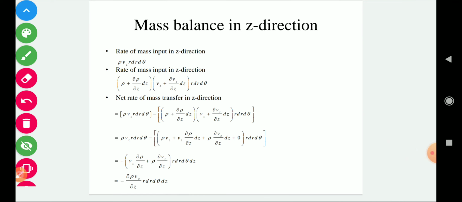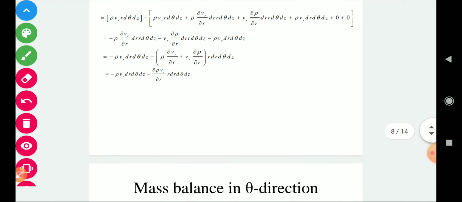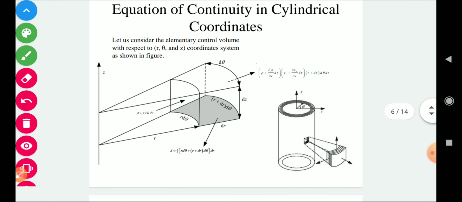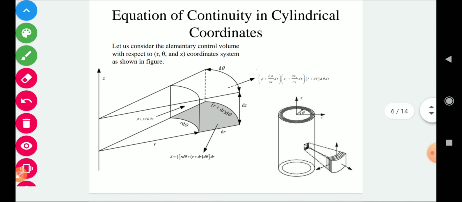So rate of mass in z direction, again if you can see, z direction means top and bottom surface.